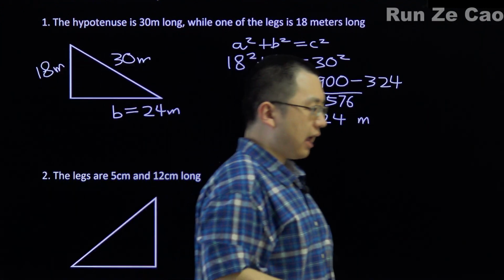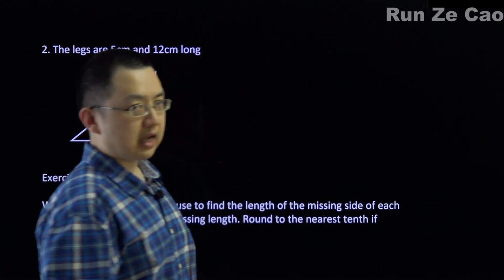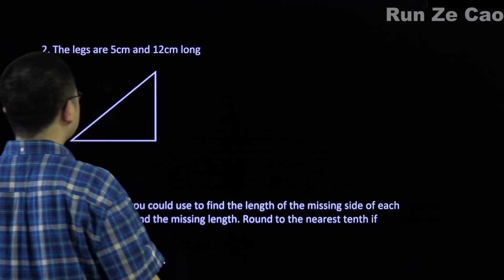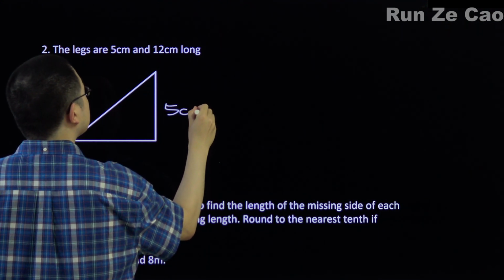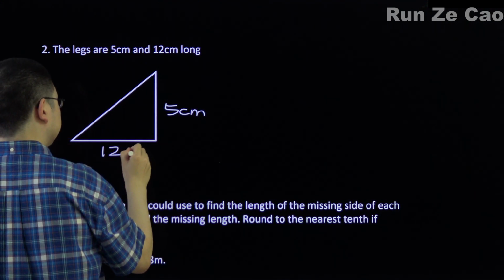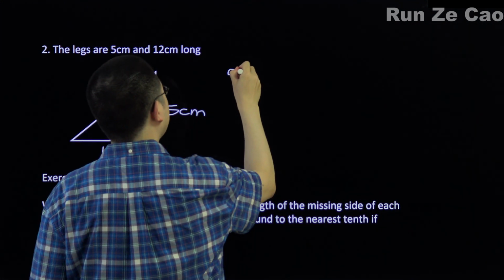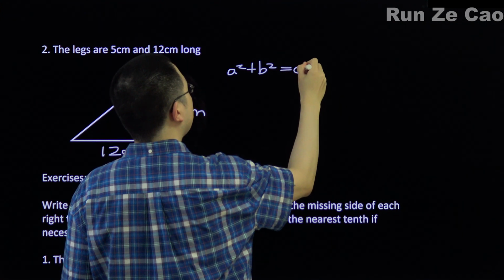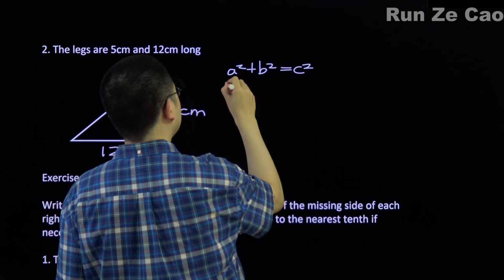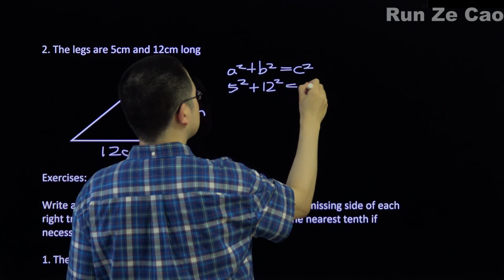Now let's say the legs are 5 centimeters and 12 centimeters long. Be advised, guys, do not assume that a diagram is to scale unless it's specifically labeled as being to scale. So, a squared plus b squared equals c squared. 5 squared plus 12 squared equals c squared.